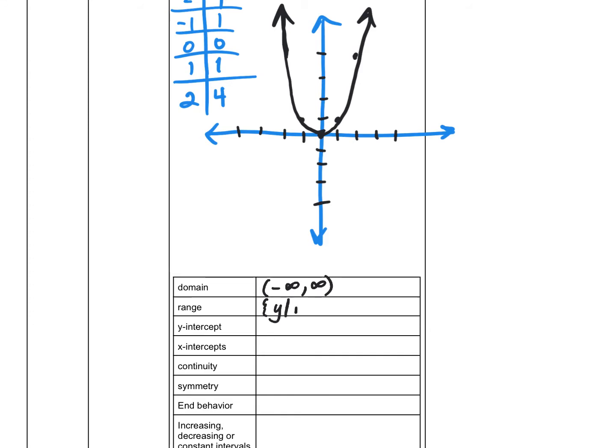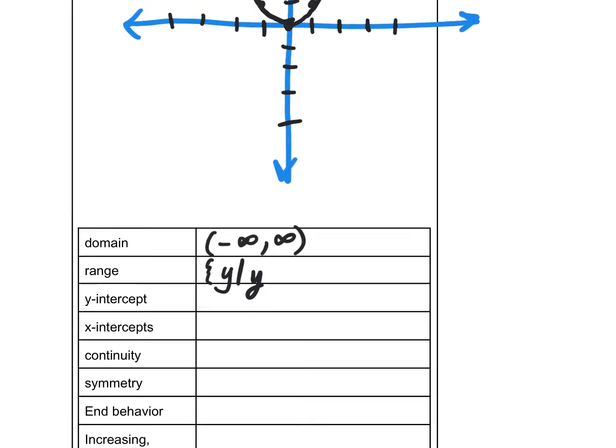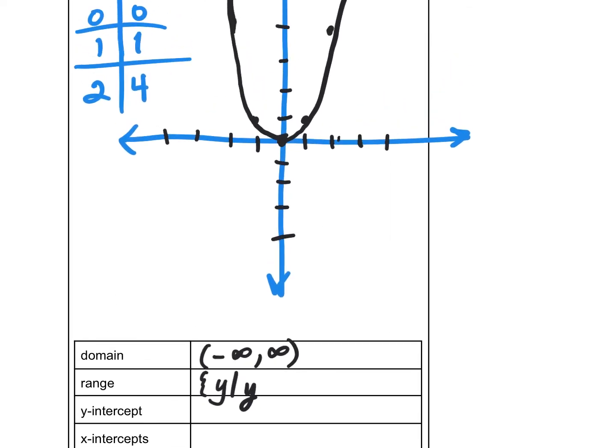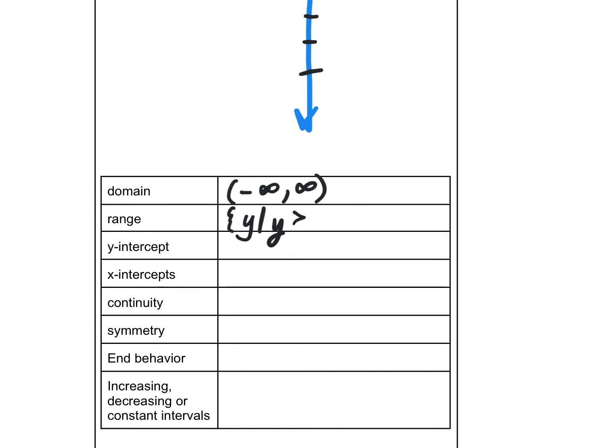Y such that y is what? Yep, goes from here up, doesn't it? So greater than or equal to 0, where y is an element of the reals. You could also write this as 0 to infinity. They mean the same thing, don't they?